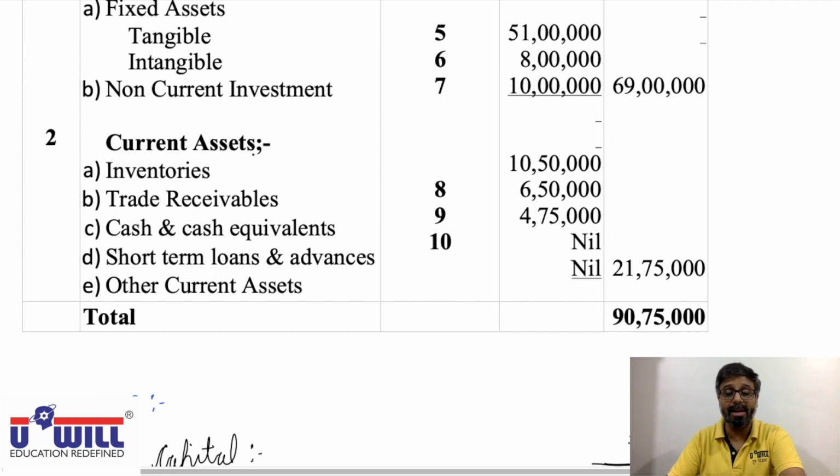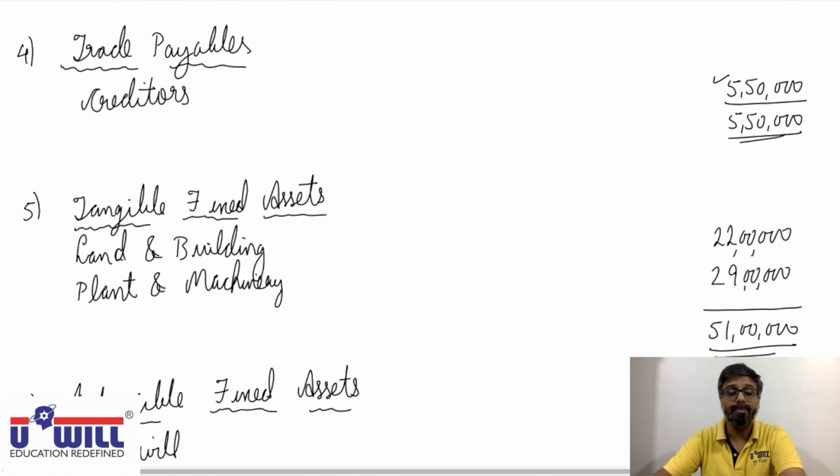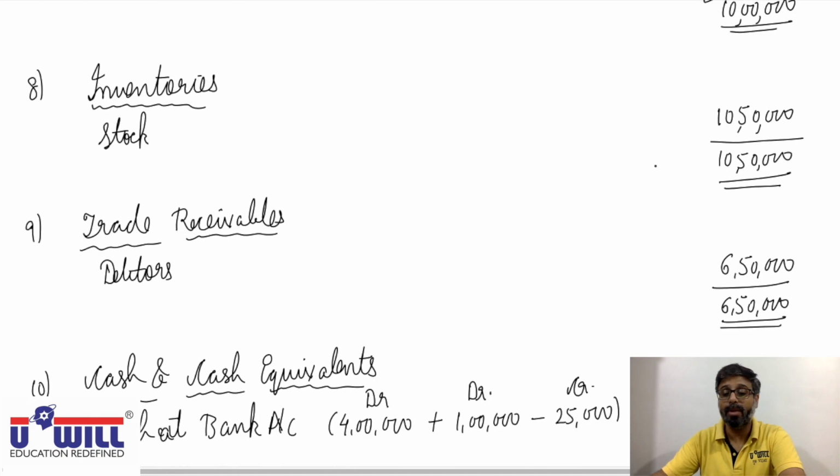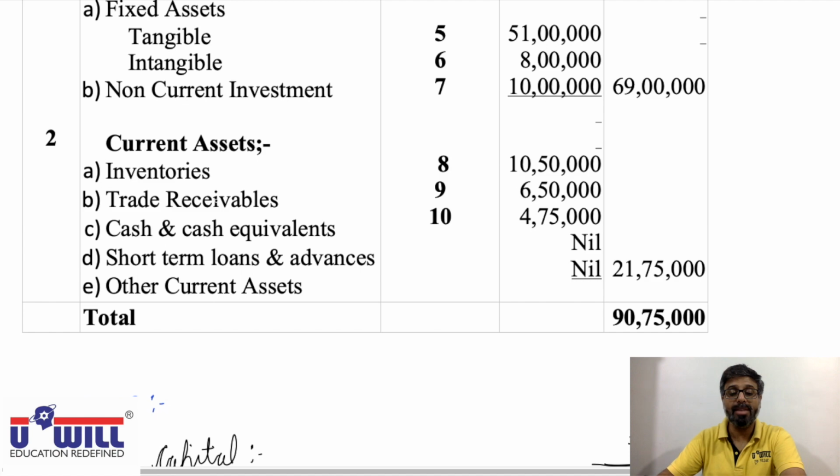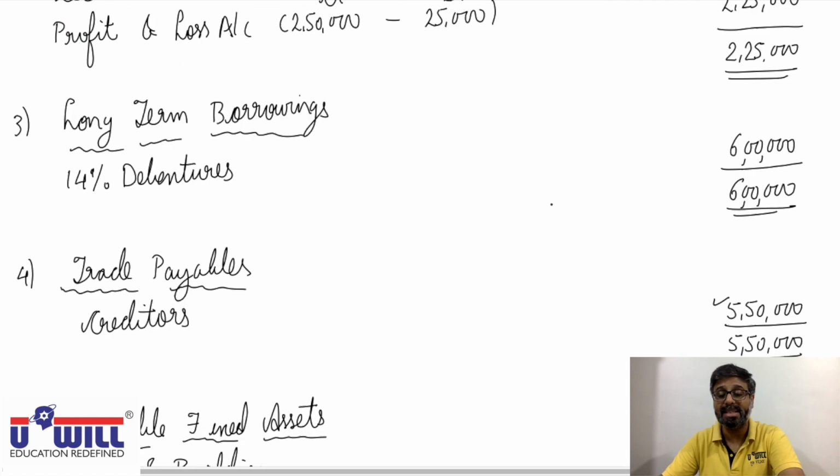Now in current assets, first item is current investments that we don't have. Even if you write it, you'll write it as nil. Now inventories we have as per note 8, you all can see that inventories as per note 8 is 10,50,000. Then after inventories, trade receivables as per note 9, 6,50,000.